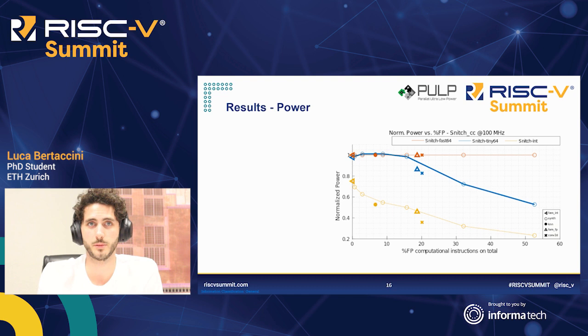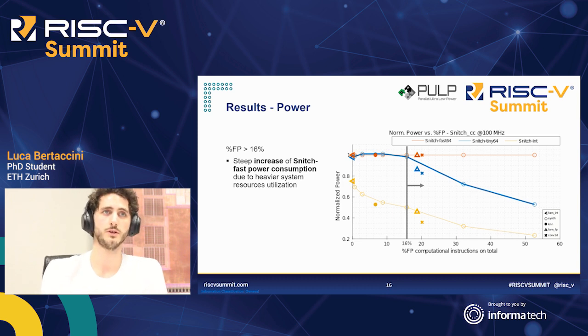We then evaluated the power consumption of our system. For more than 16% of floating point instructions, there is a steep increase of the power consumption of the Snitch system coupled with the fast FPU. This is due to heavier system resources utilization. This is also the reason why the system, including the fast FPU, can achieve such high performance.